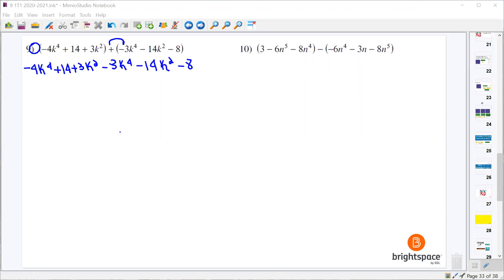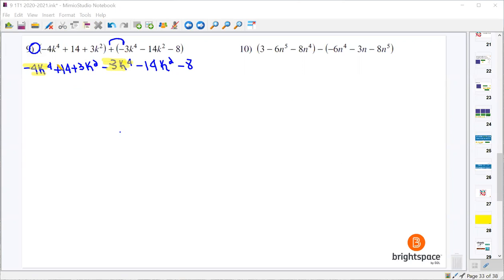Now, guys, I would like to collect like terms that are alike. And they are alike because of their exponent. So I'm going to have negative 4k to the fourth power, and over here I'm going to have negative 3k to the fourth power, right? They are like terms because they have the same exponents.